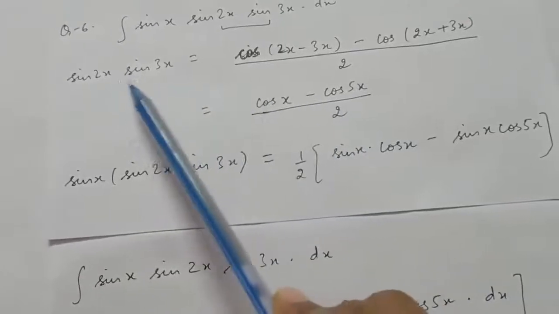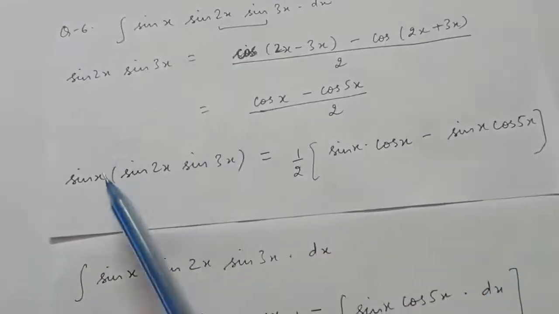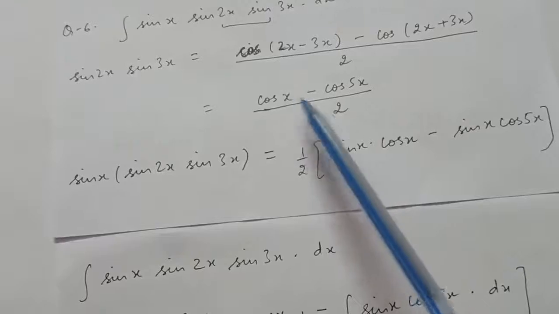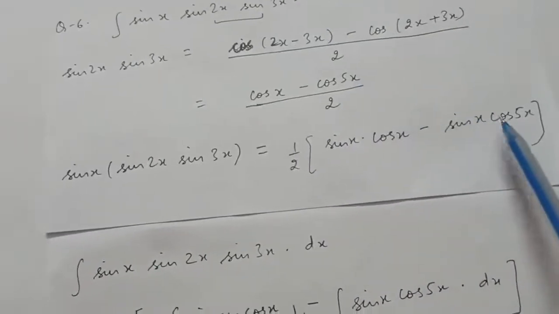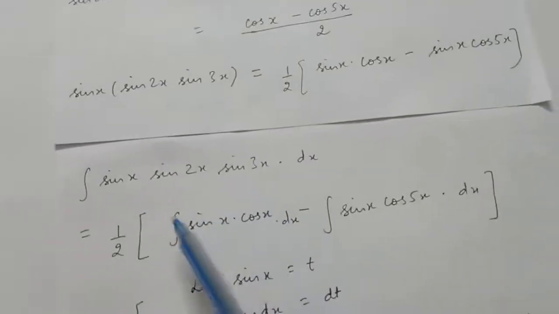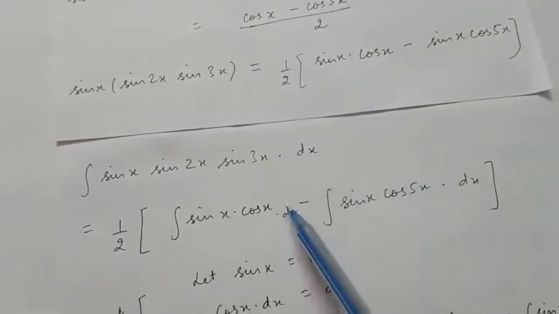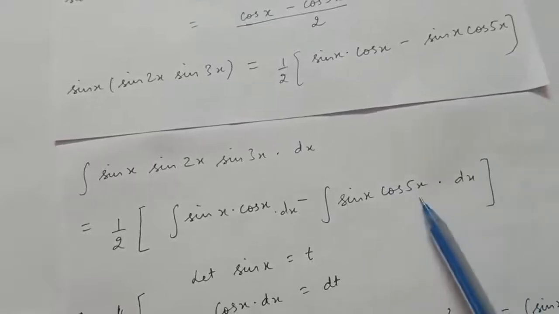Now multiply this sin 2x into sin 3x with sin x, because sin x here is in the question. So this will become 1 by 2 (sin x into cos x minus sin x into cos 5x), right? So the integral will now become 1 by 2 (integral of sin x into cos x minus integral of sin x into cos 5x).